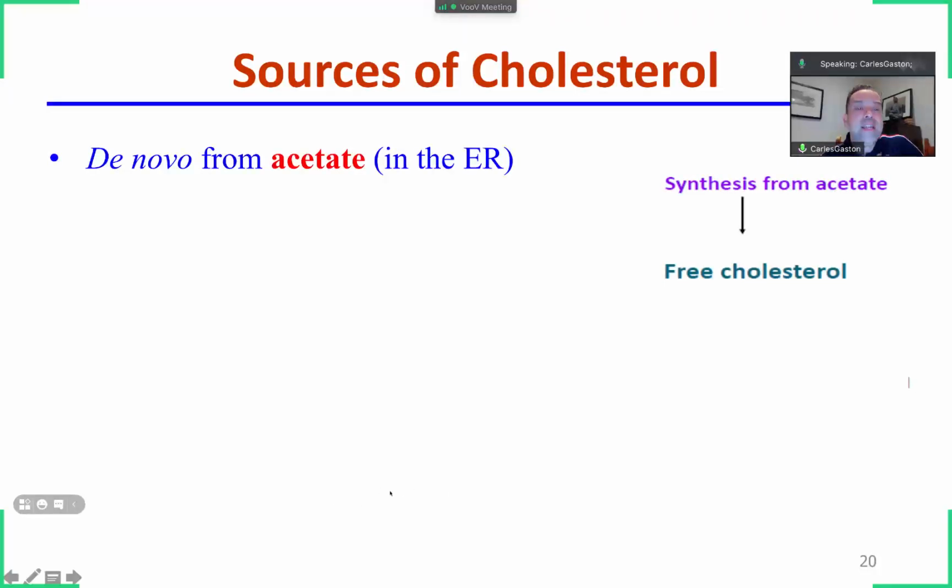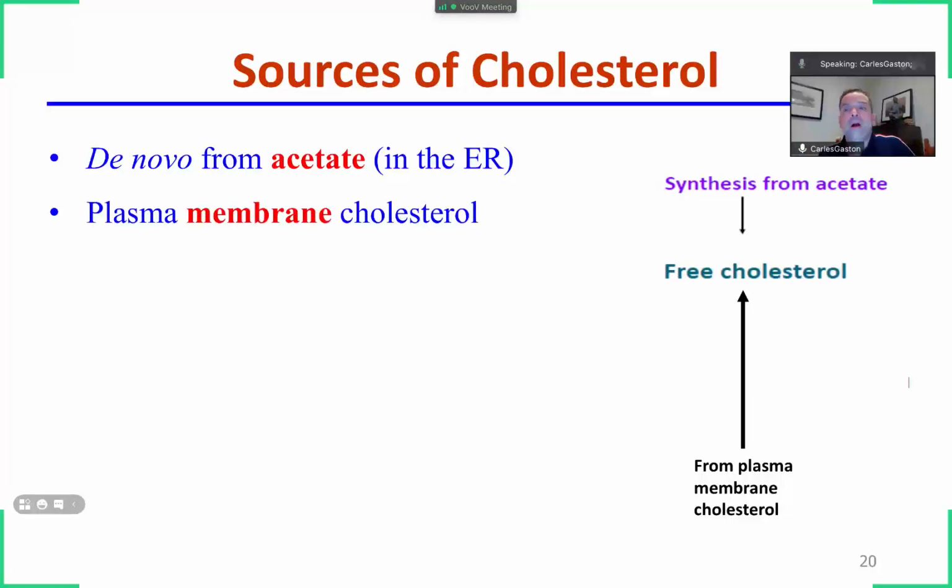So they can be synthesized from acetate to free cholesterol, and this happens in the ER. This is called de novo synthesis from acetate. Also, remember that the plasma membrane can have cholesterol.